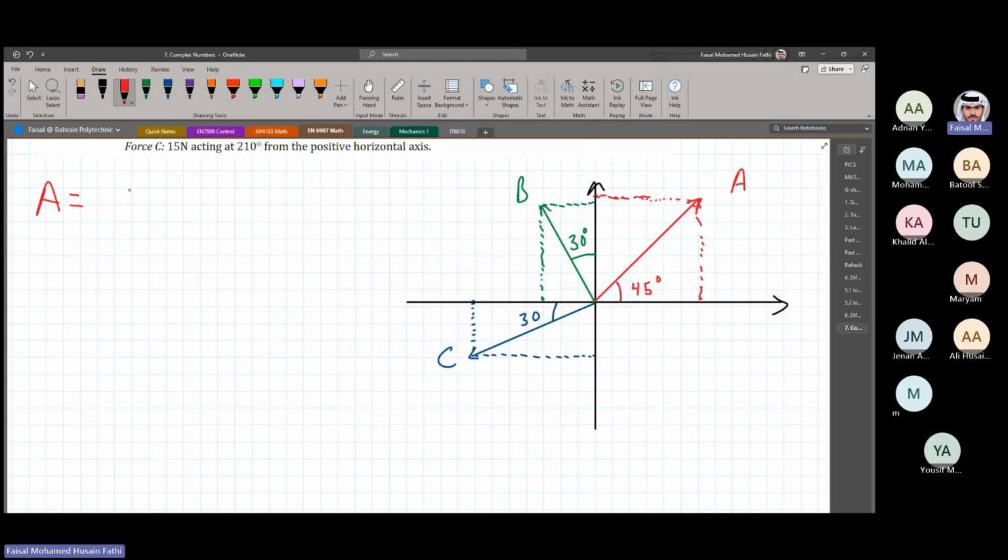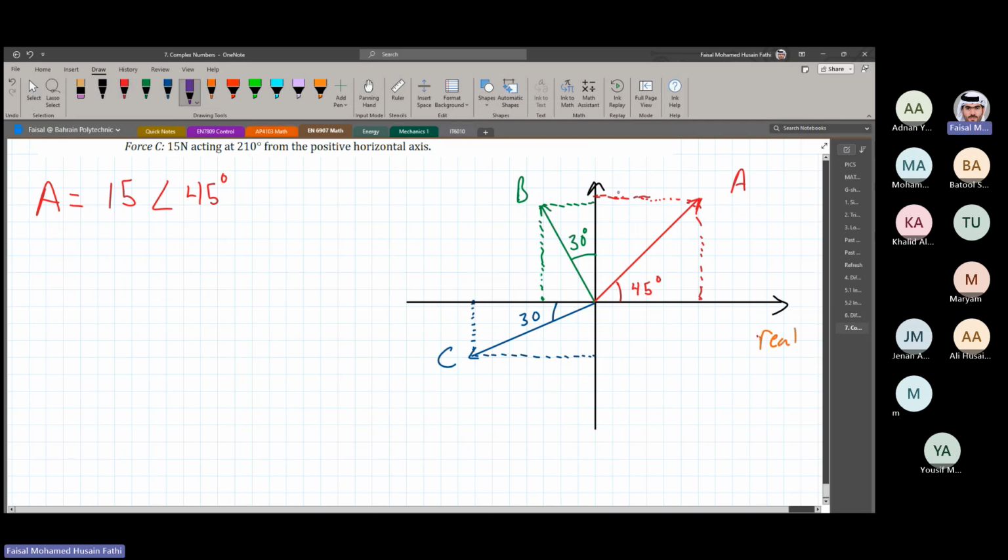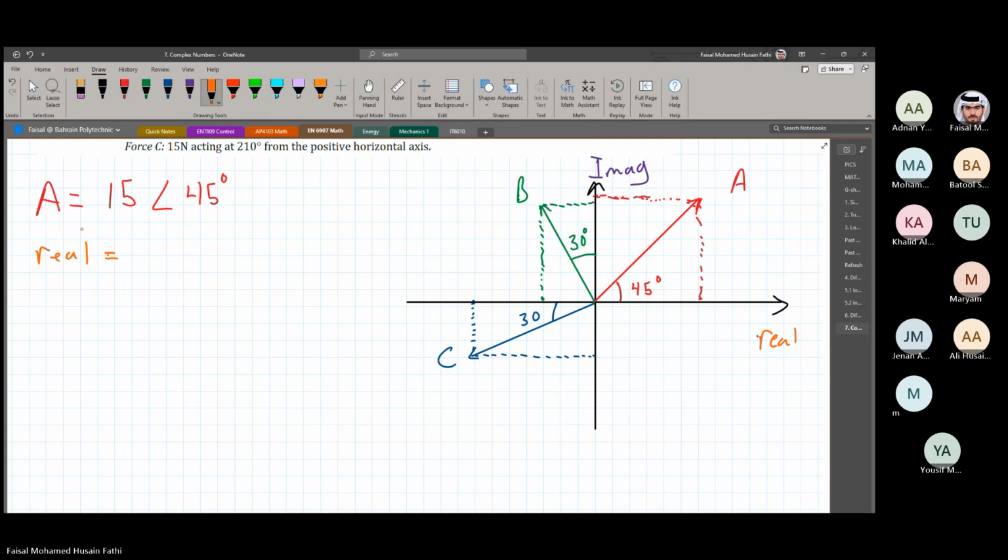A is equal to 15 angle 45 degrees, right? You can say the real, this is real, because we always say this is real and this is imaginary, just so you can remember the same concept. What was the real? We name it AR, R for the real and I for the imaginary.